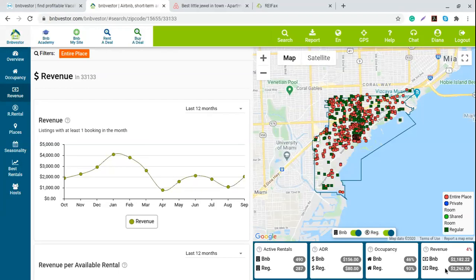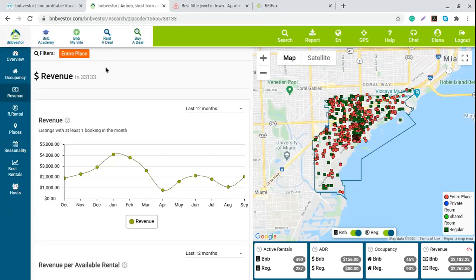And in this area it's actually a little bit better, maybe because of what happened with COVID, okay? It's very weird that you find out that you can actually make more money with regular rentals versus B&B. But again, due to COVID, due to any prohibitions or regulations that any county or any area on a zip code will have, okay? So you can see that this is happening only for this area.